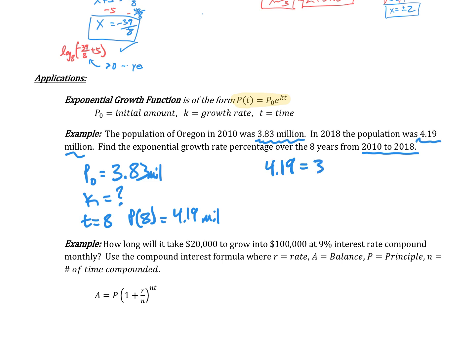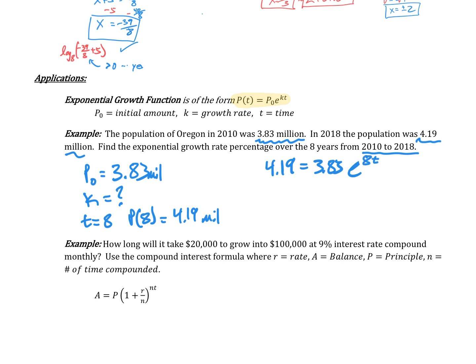The original population was 3.83, times e to the K, which we don't know, times T, which is 8. Remember, e is not a variable here.